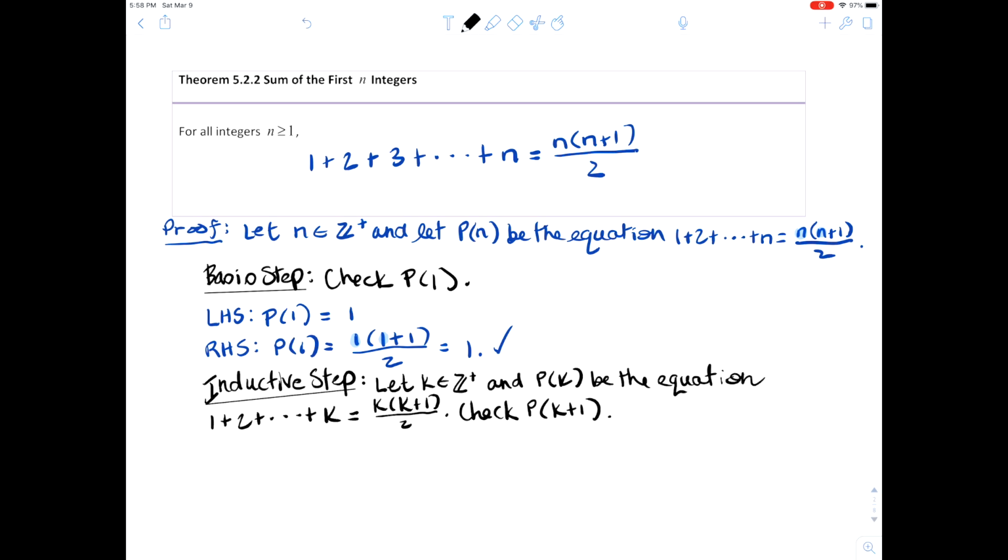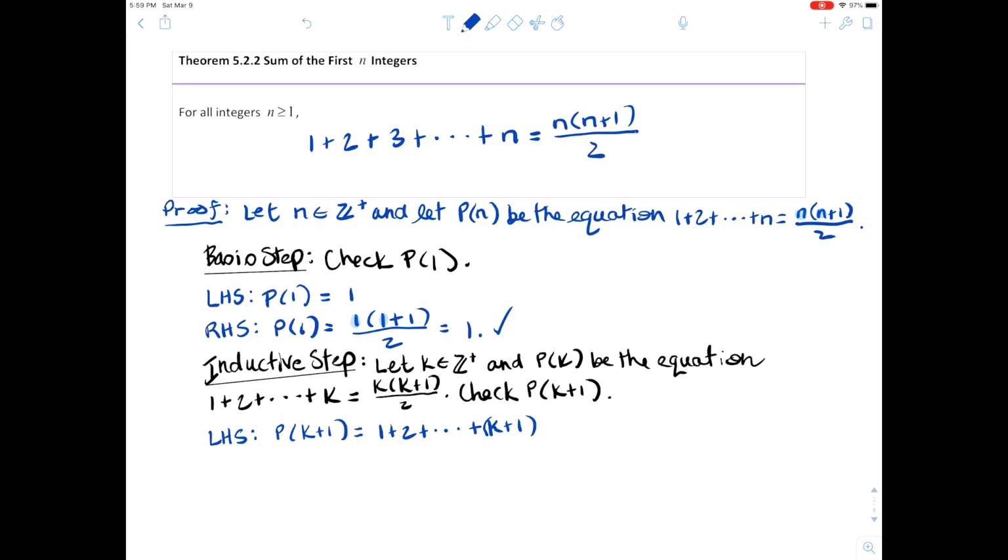All right, so the left-hand side, P at k plus 1 is going to equal, so now we're using just that string of numbers that's right above it, 1 plus 2 plus dot dot dot plus k plus 1. So wherever we saw k, we're putting in a k plus 1. Good so far?